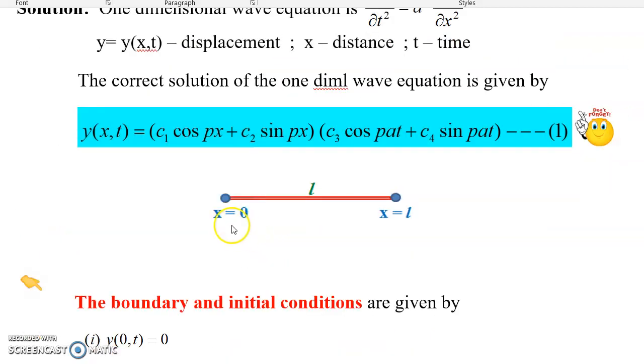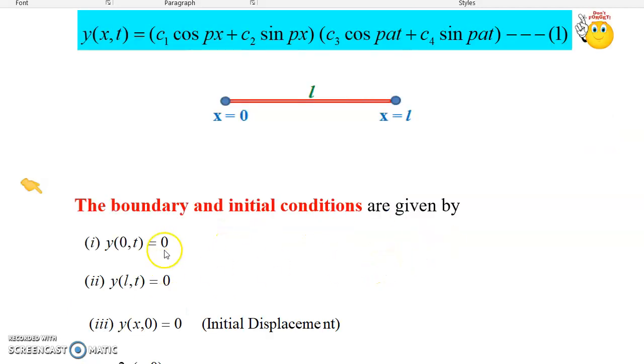So the two ends x = 0 and x = L are fixed. Thus we have the first two boundary conditions as y(0,t) = 0 and y(L,t) = 0, because we already discussed this in the last class. When x = 0, this end is fixed. Fixed in the sense there will not be any displacement at this end. Displacement means y. So at x = 0, y will be 0.